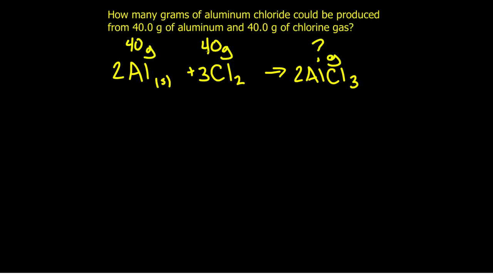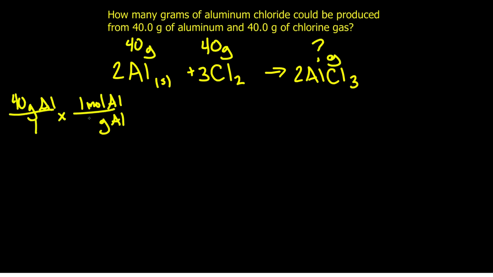So once again, we got to do mole conversions because we can't compare masses. We got to compare moles. So let's do our mole conversions real quick. So I got 40 grams of aluminum. Put that over 1. I need to change that to moles of aluminum. So grams of aluminum's on bottom. And I got 1 mole of aluminum on top.